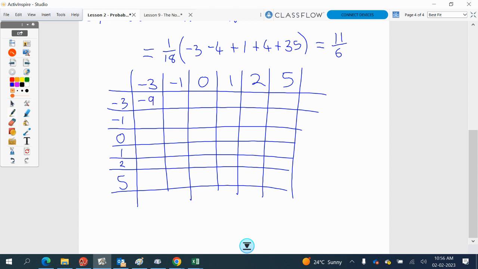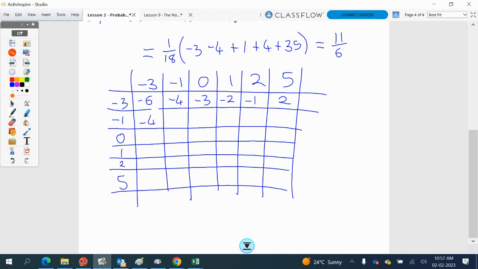This is going to give us -9, this is going to give us -4, there we get -3, here we get -2, here we get -1, here we get 2. Wouldn't the first one be -6? -6, thanks. This one's going to give us -6.